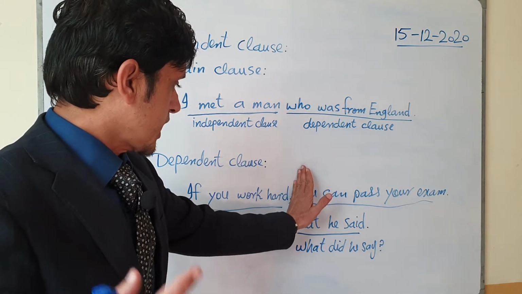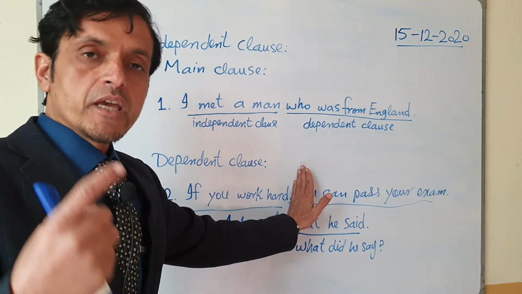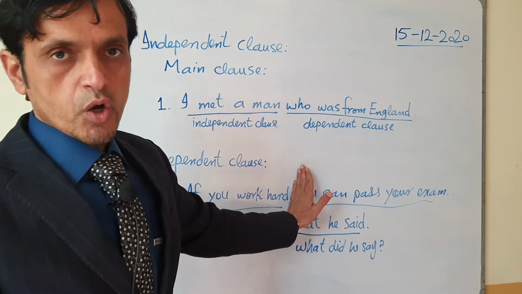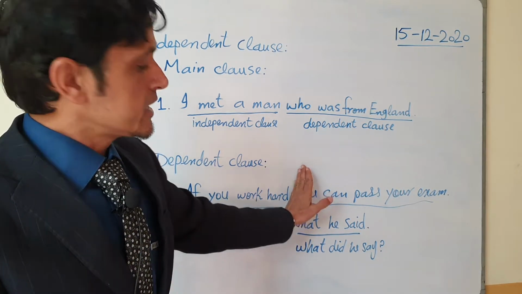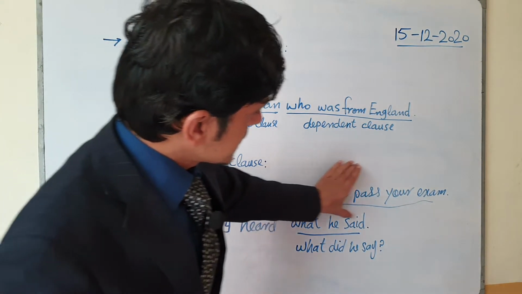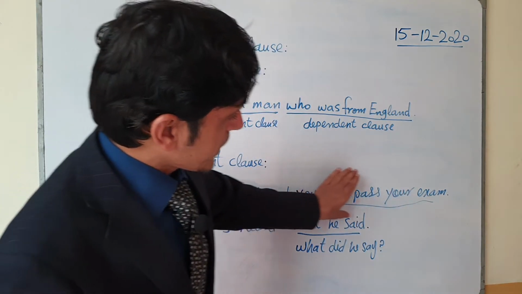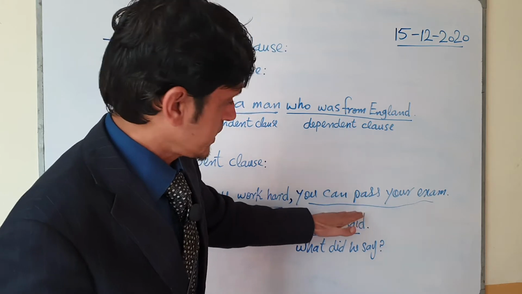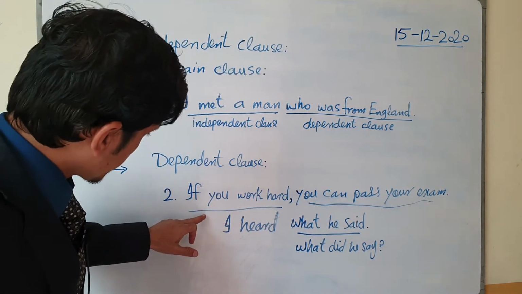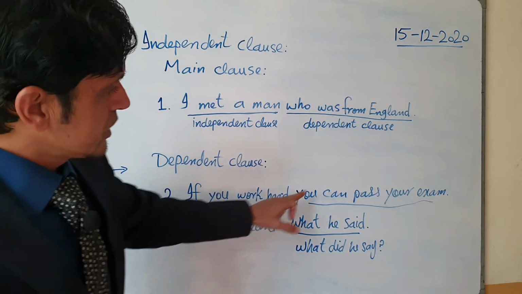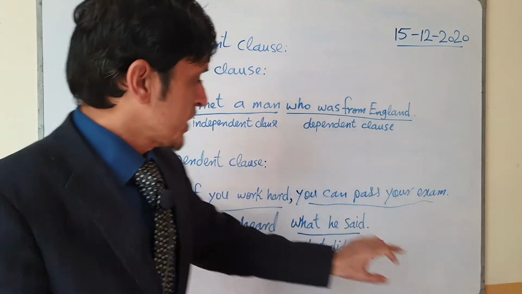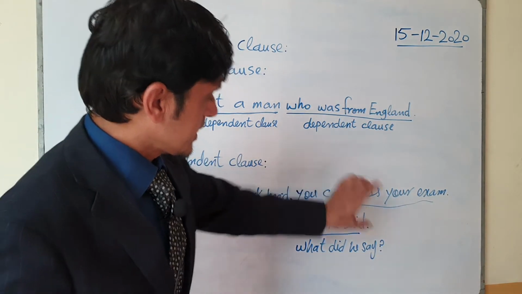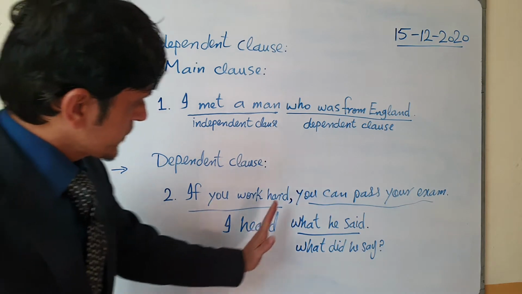If you work hard, the meaning is not clear until we put this clause here: you can pass your exam. Now this is the main clause or independent clause, and this is the dependent clause. If you work hard, you can pass your exam.